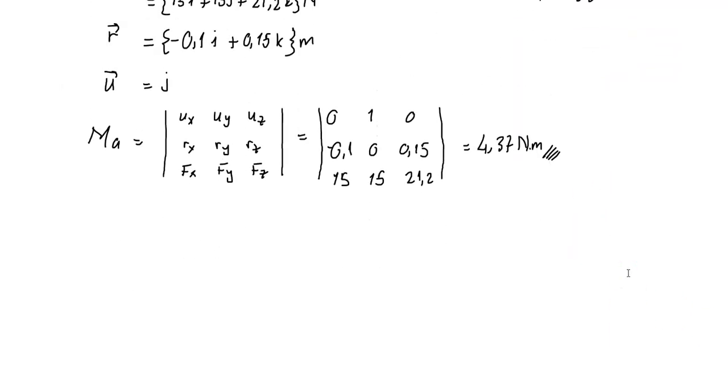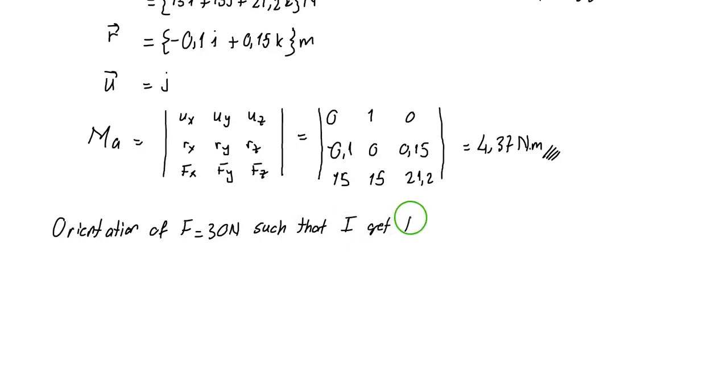And the second part of the question is asking to find the orientation of the force vector, force equals 30 Newton, such that I get the maximum moment around the AA axis. Okay, so that's the question of the second part.